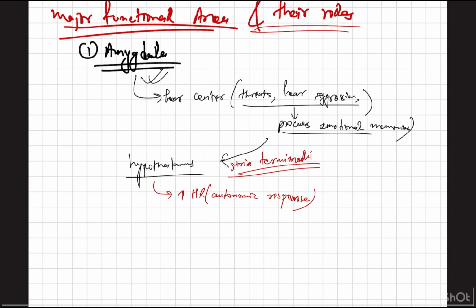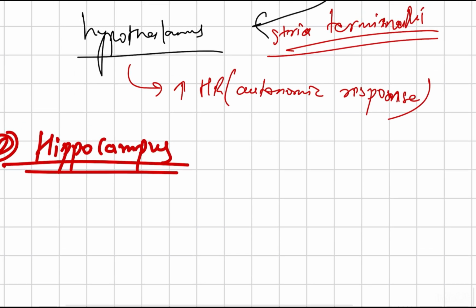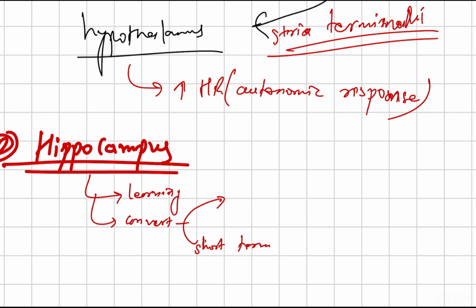Then another organ is the hippocampus. It is involved in learning and in converting short-term memory into long-term memory.